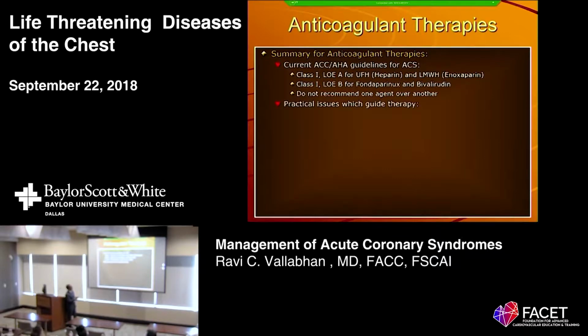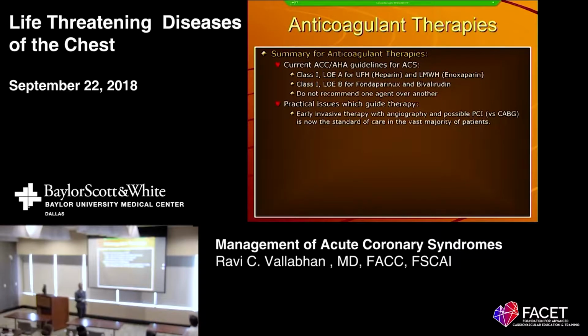There's really no recommendation to give one over the other. There are practical issues to consider. One is that all the data from ACS clearly shows that early intervention happens, generally within 24 hours.